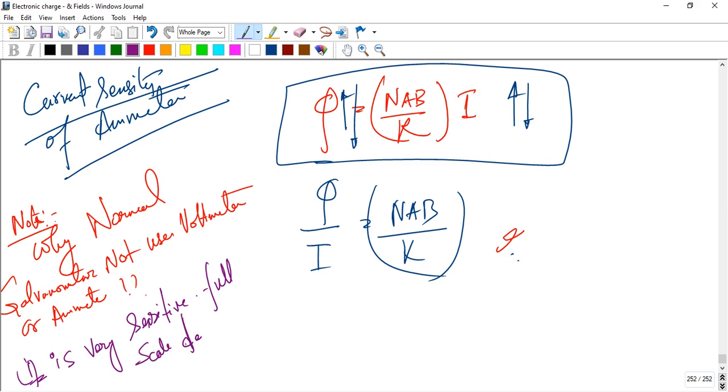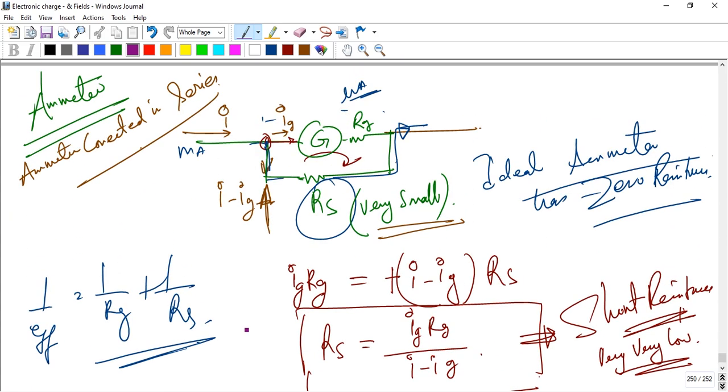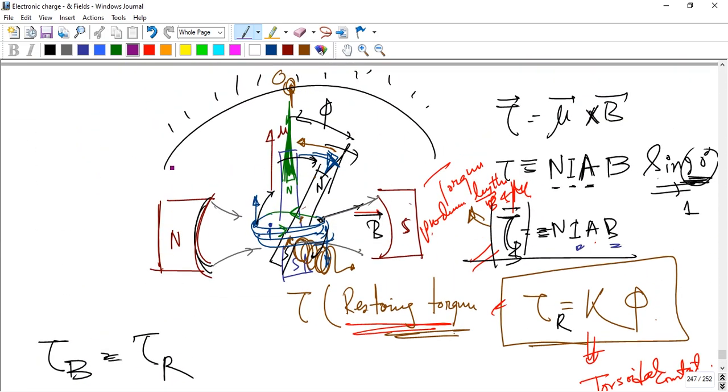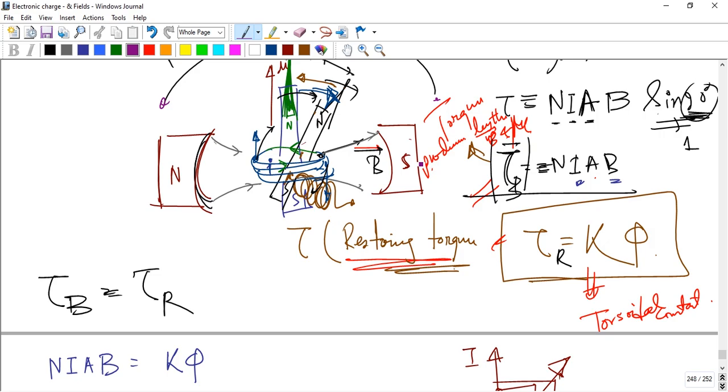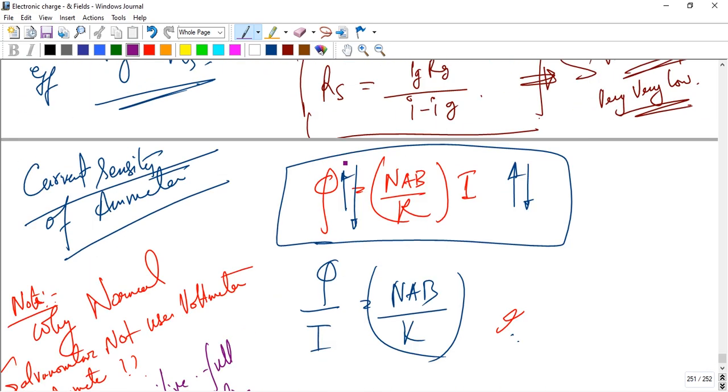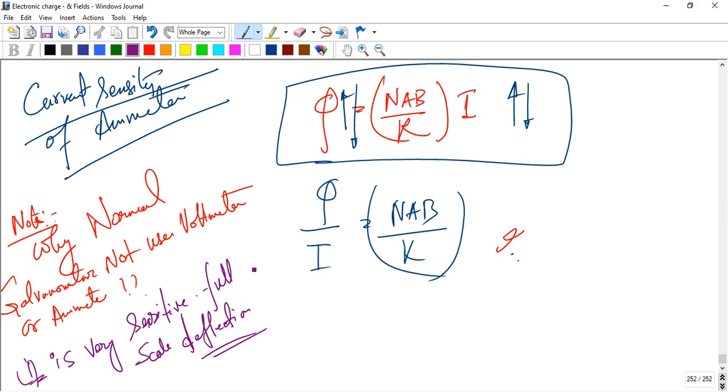Full scale deflection means from here to there, the full deflection of the meter. It is almost of the microampere order in the current meter.